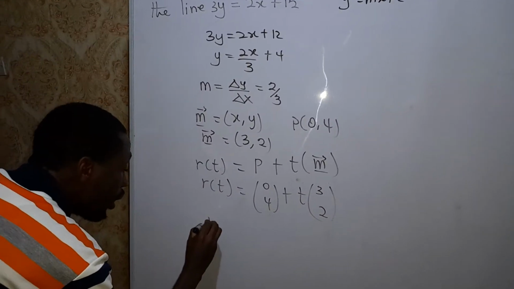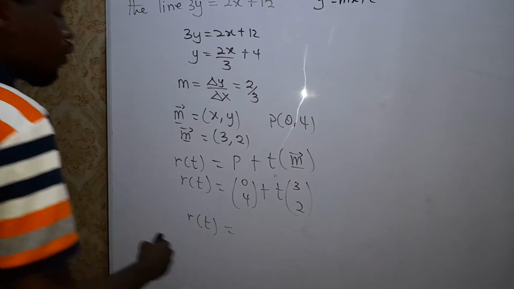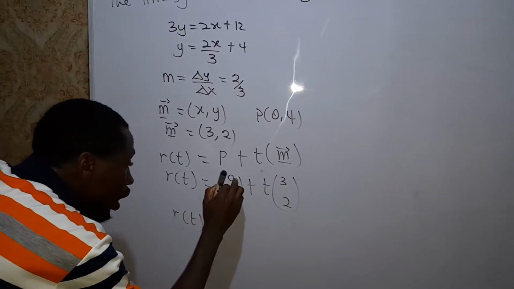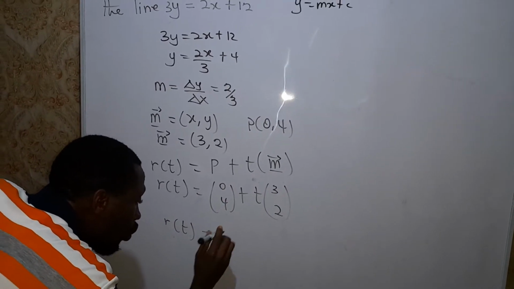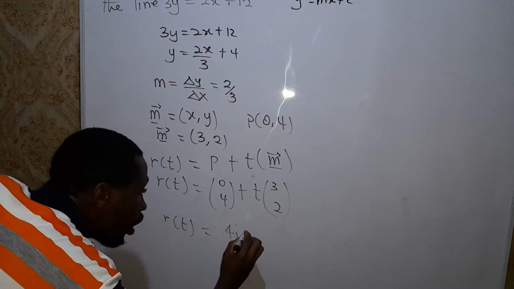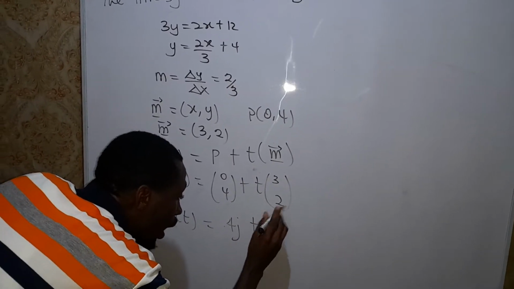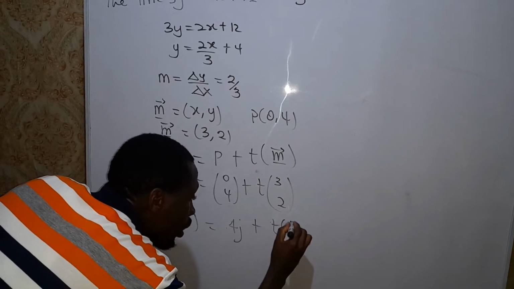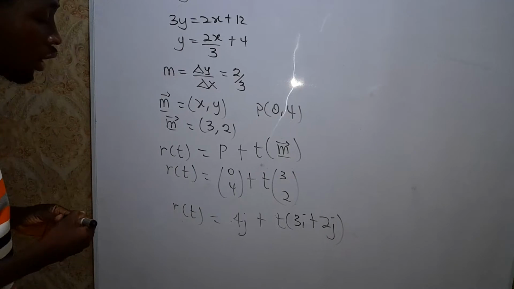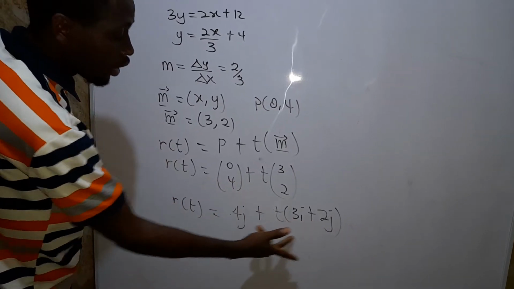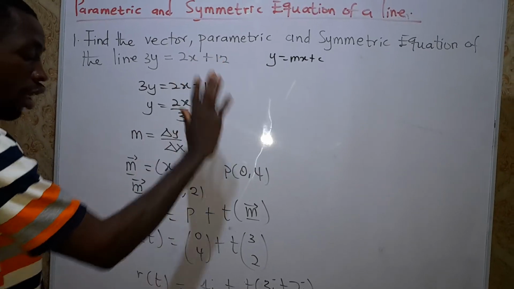So we can rewrite this in scalar vector form. Since there's 0, we can say 0i, which is the same as 0. So we say 4j plus t into bracket 3i plus 2j. So that becomes the vector equation of this line. I hope you get that.